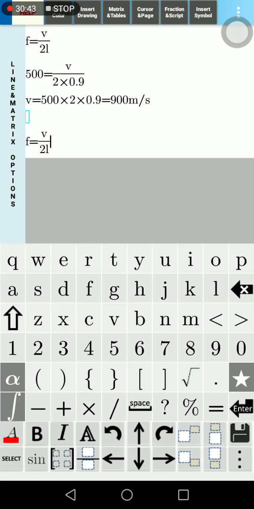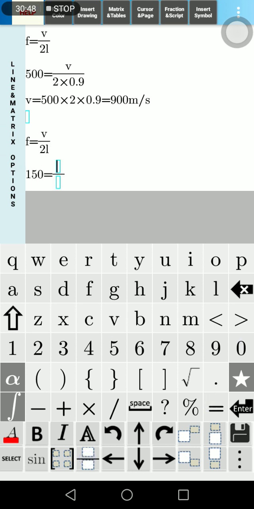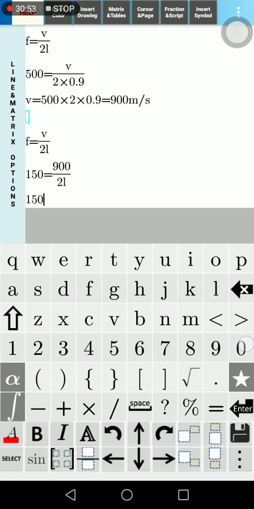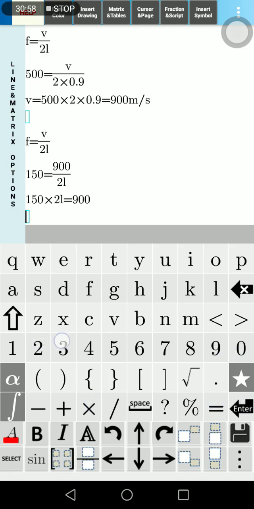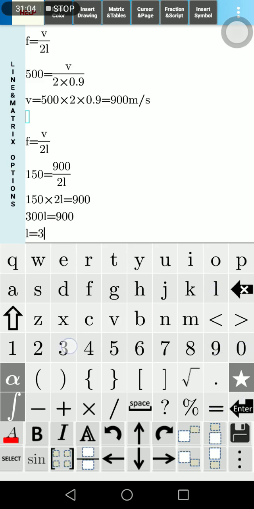So 150 is equal to 900 over 2L. When you cross multiply, you have 150 times 2L being equal to 900. 150 times 2 is 300. So 300L equal to 900. Divide both sides by 300. You have L being equal to 3. So 3 meters is the answer.